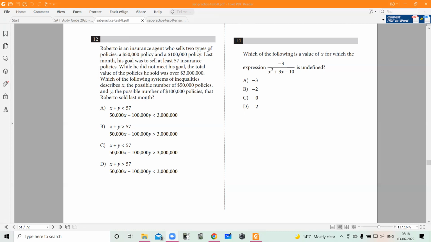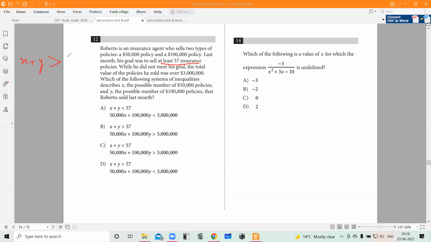Hello? Oh, I was talking with myself. I was saying that it is something else. Can you read this again? Roberto is an insurance agent who sells at least, but he didn't make his goal. What do you mean by at least 57? How much should X plus Y be?